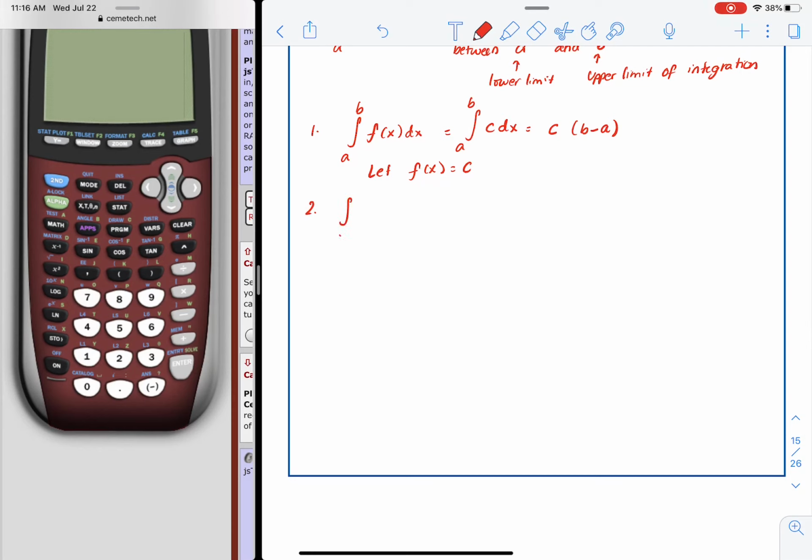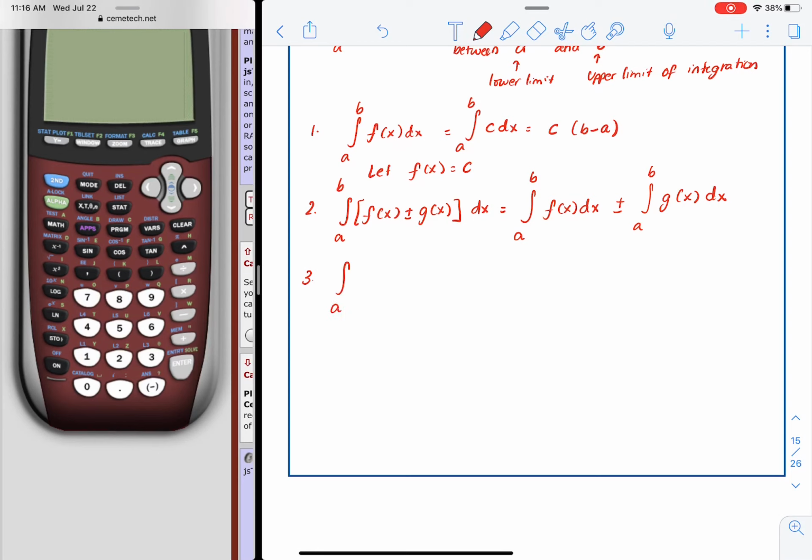Suppose we have two functions, and we have the integral of f of x plus or minus g of x dx. Then it simply means we can write the integral of the first function plus or minus the integral of the second function.